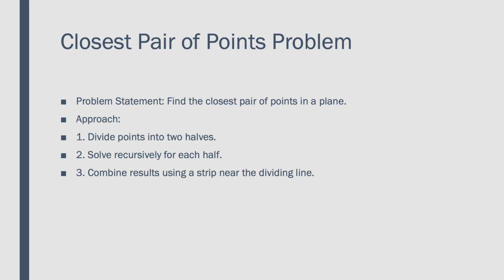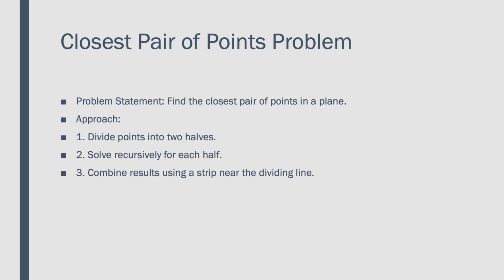Then lastly, we'll combine, so some closest pairs may lie across the two halves near the dividing line. So we take only the points within distance d from the dividing line. And since the number of points in this strip is limited, this check runs in big O n time.